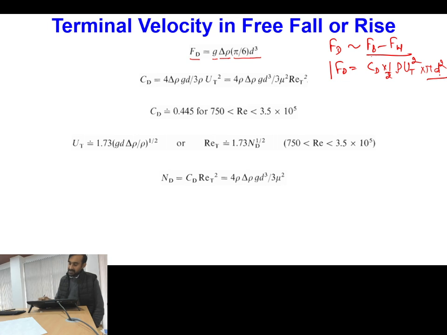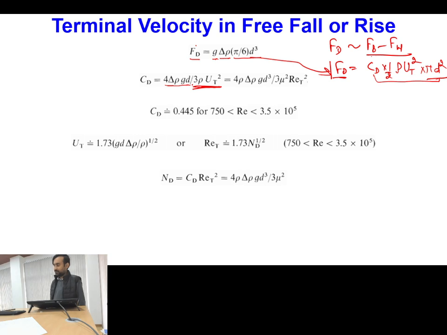So now CD can be written as, what can I write about CD? The value of drag force I will be substituting here, and on the right side I am having this. If I write these equivalences, then I will be getting CD equal to 4 delta rho g d by 3 rho ut square.